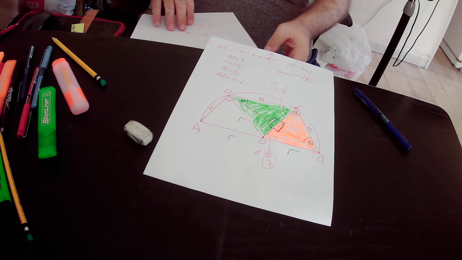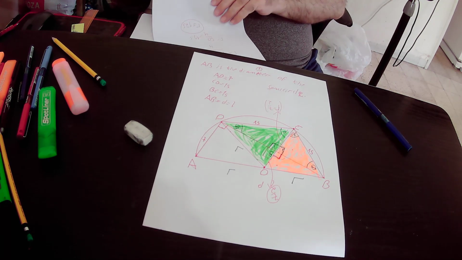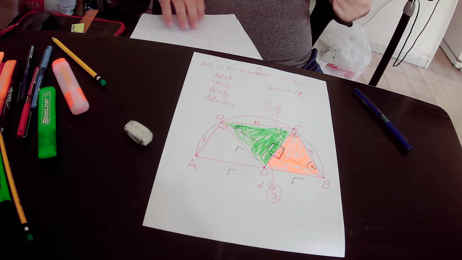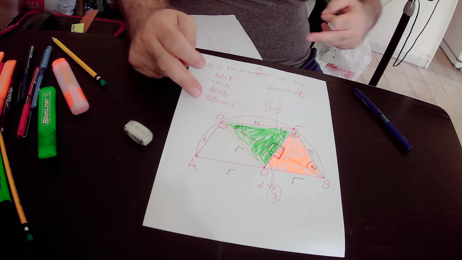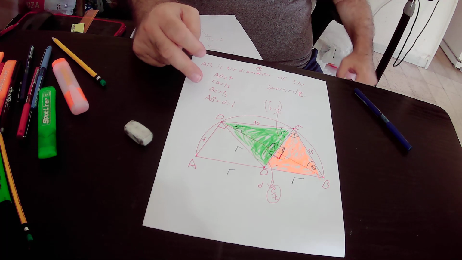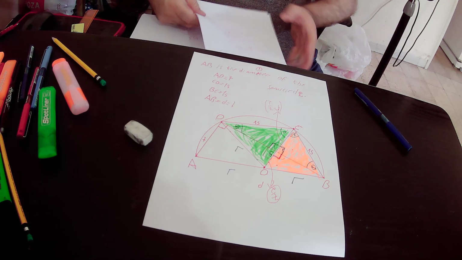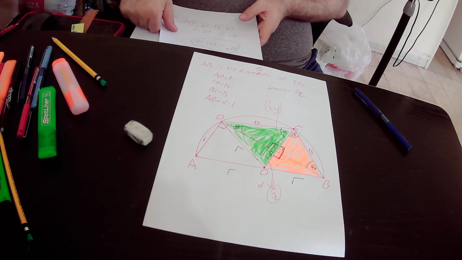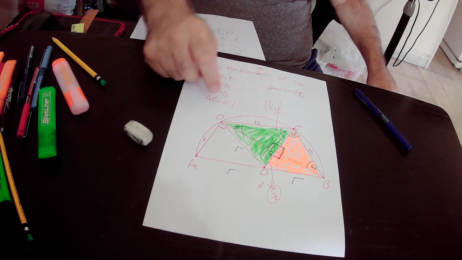Now I will summarize the lecture. We wanted to find the diameter of this semicircle, or the size of AB, which is the diameter of this semicircle. In order to find it, we made a construction.